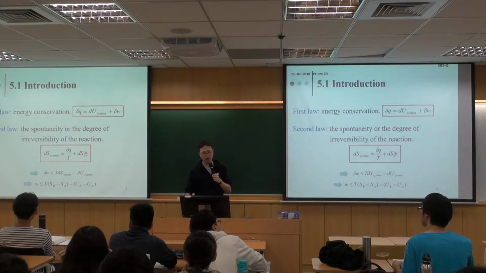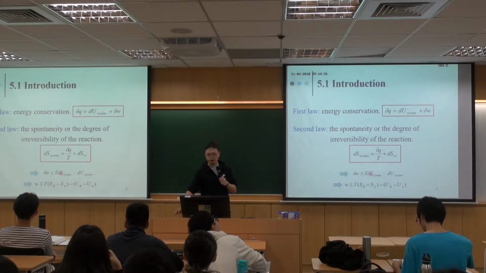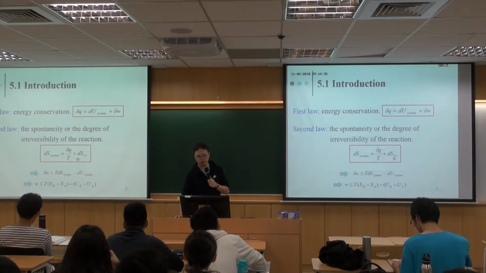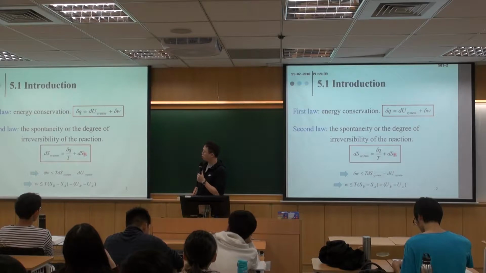So that's the reason why if you combine these two equations together, you'll end up with this. And the reason why you have this inequality here is because we typically cannot know how large this delta S IRR is.